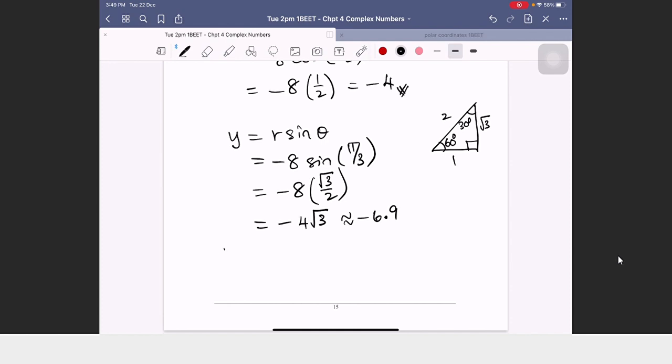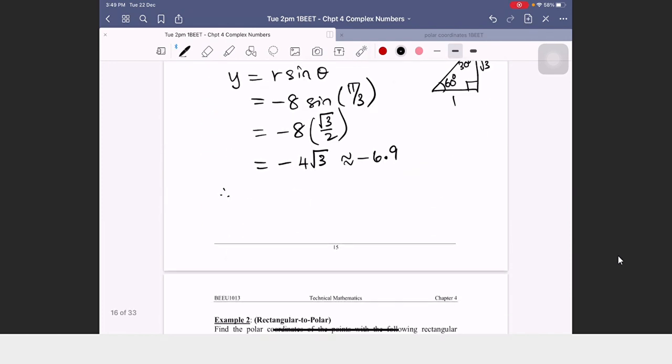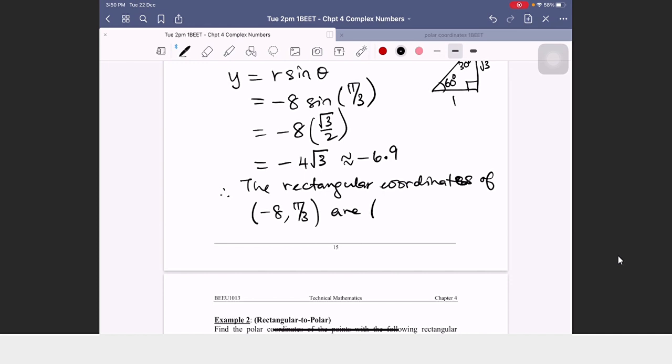So therefore, you can conclude the same conclusion here, that the rectangular coordinates of minus 8, pi over 3 is now minus 4 root 3, or you can say minus 4 and then minus 6.9.